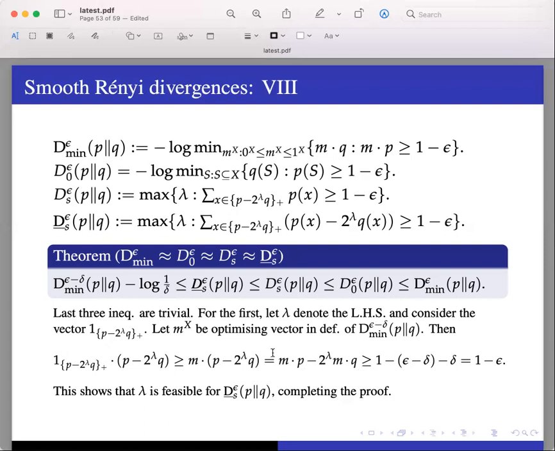Because m is an optimizing vector in the definition of this, m dot p is larger than 1 minus epsilon minus delta, from the definition of D min, the feasibility constraint. And let us look at m dot q times 2 to the power lambda.